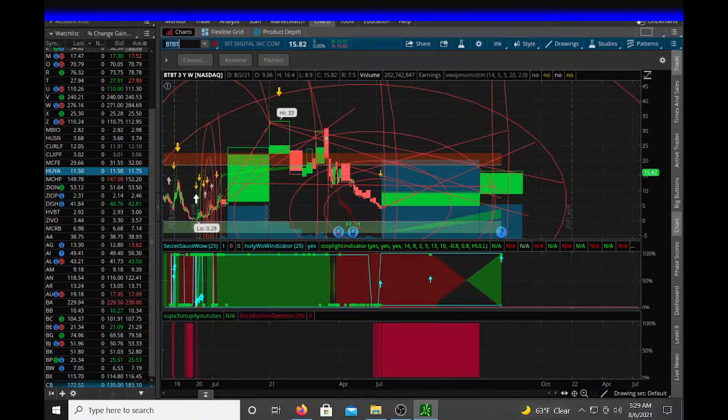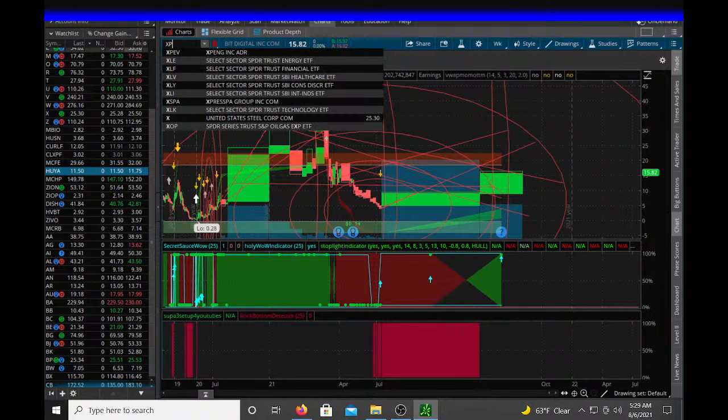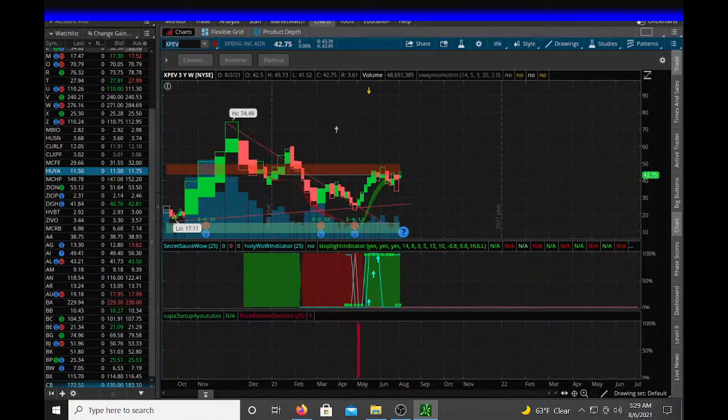Let's just say, let's compare XPEV and NEO. NEO has a good day. XPEV has a magnificent day. It just has potential to move so much more than other stocks. Okay.